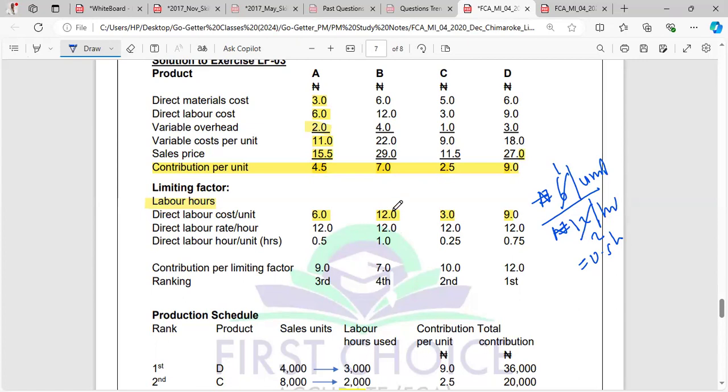Now, you spent 12 naira per hour and you spent 12 naira for that product. That means the product was done using 1 hour. You are paying a rate of 12 naira per hour, but in product C, you end up spending 3 naira. What it means is that the person did not spend up to 1 hour, otherwise he would have gotten 12 naira.